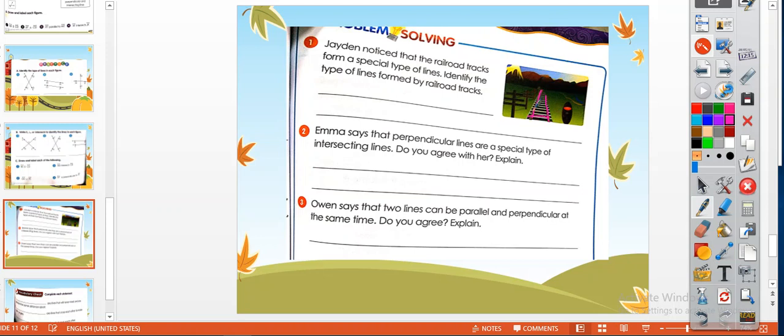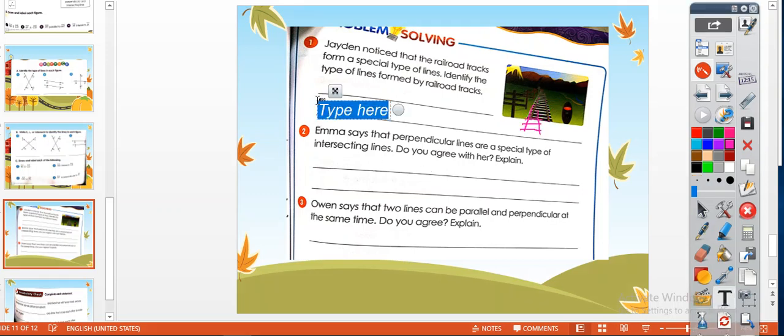And also we have perpendicular lines. So the types of lines are perpendicular lines and parallel lines. Excellent.